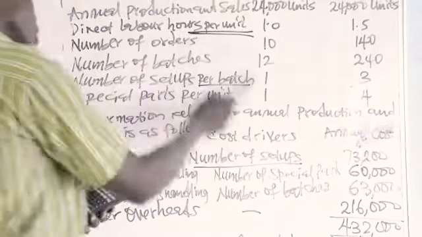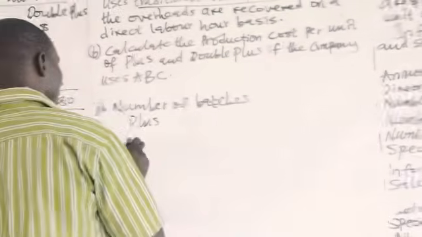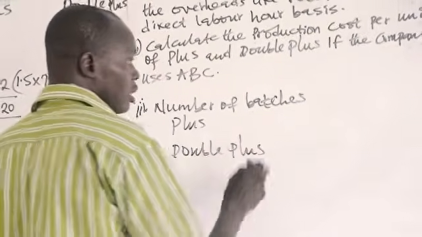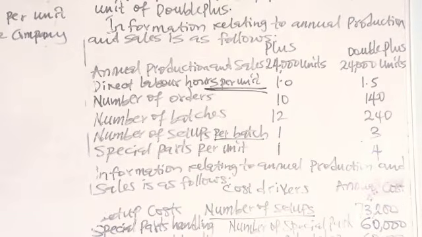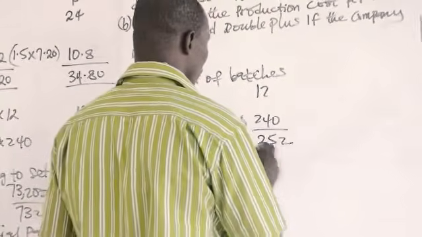And this is not per unit, not per anything, so you are going to use it directly. Number of batches for plus is 12, and that of double plus is 240. 12 and 240, that will be total 252.